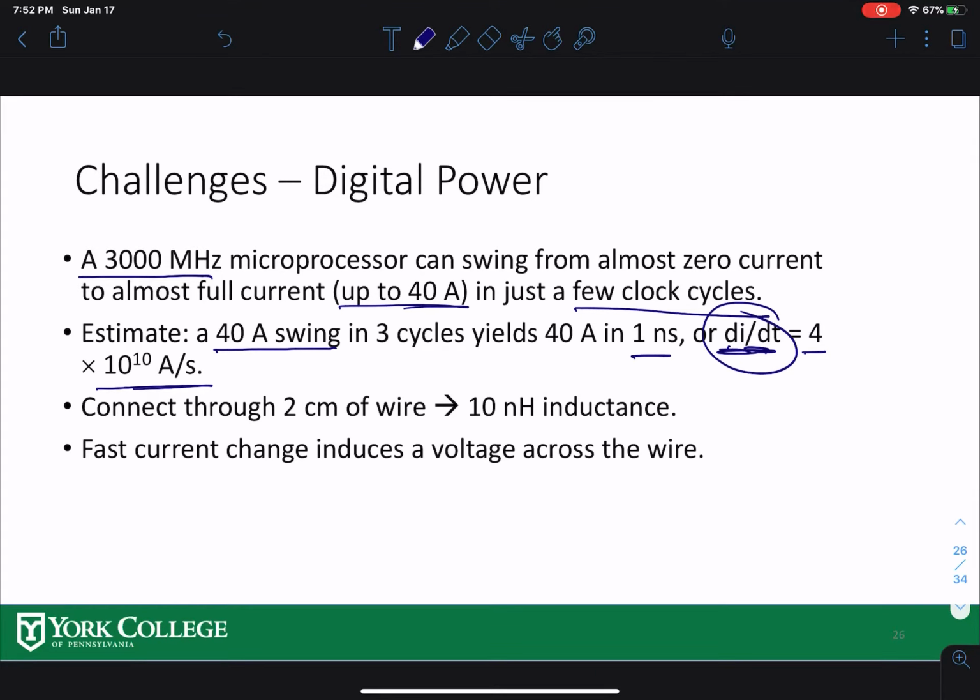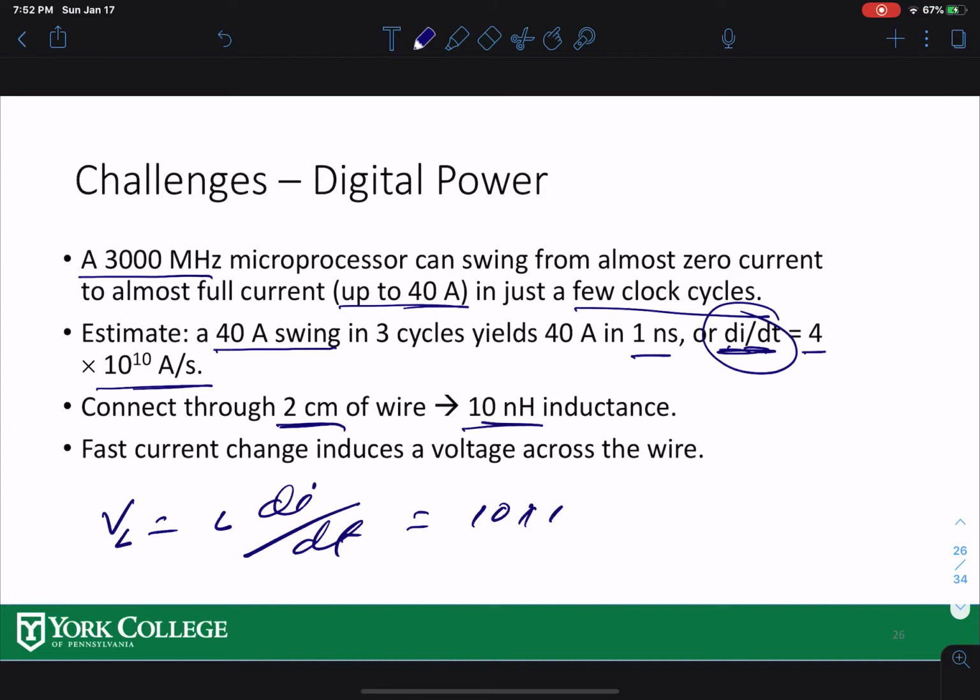Now, if you incorporate just a 2 centimeter wire in the circuit, we have 10 nanohenry, right? So let's think about how much voltage is generated. The induced voltage VL equals L di/dt, you know this equation, right? So with 10 nanohenry and 4 times 10 to the power 10 amps per second, if you do the math, you'll have 400 volts.